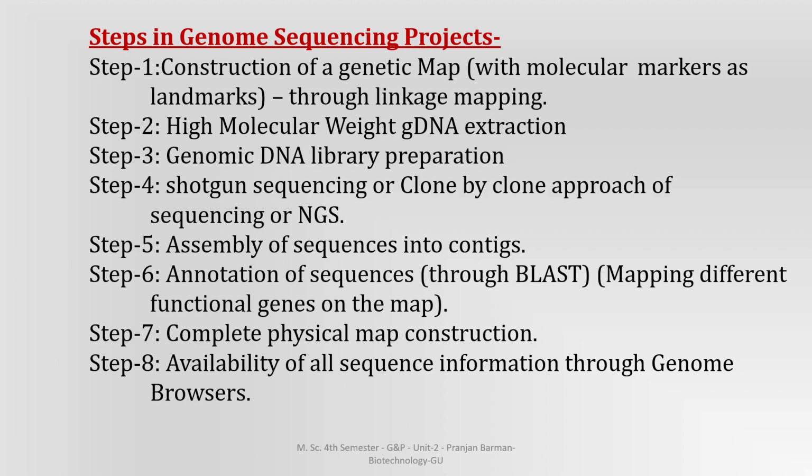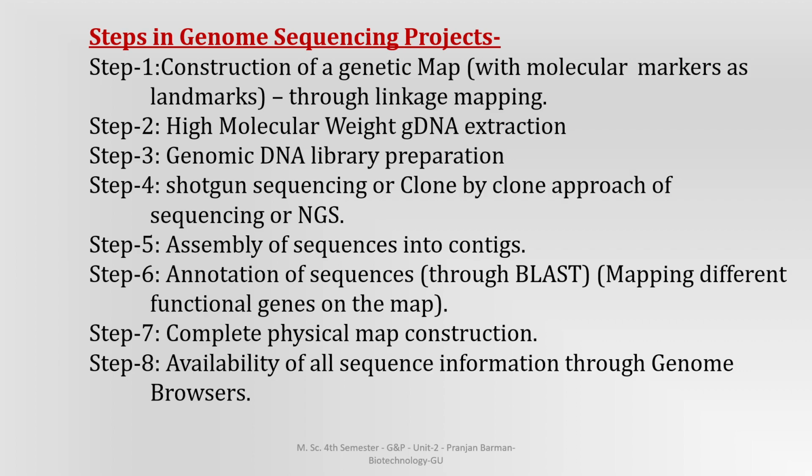Then you have to do high throughput, high molecular weight DNA extraction, and those things we have already discussed in your previous semester genetic engineering course. Then you prepare a genomic DNA library. Then you go for shotgun sequencing. After shotgun sequencing, your wet lab is finished. You get lots of sequences.